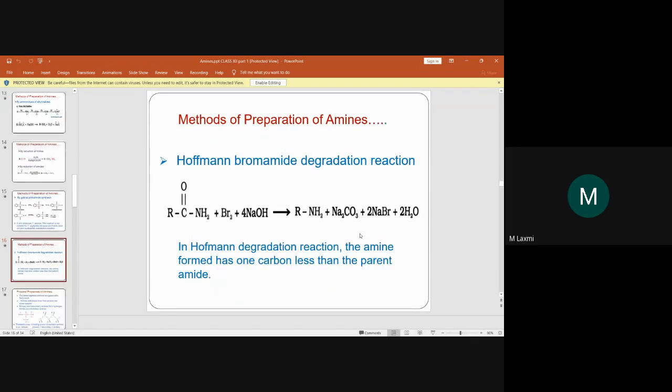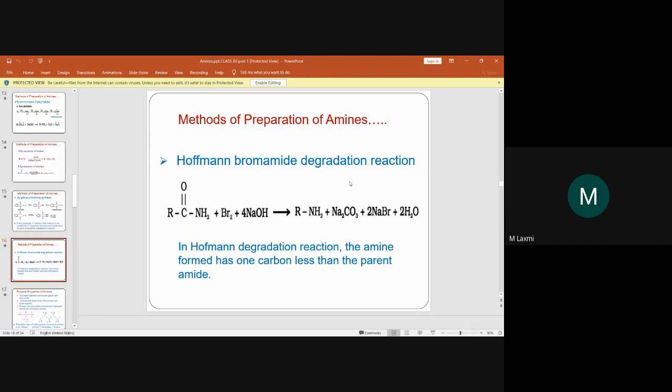The last named reaction is Hofmann bromamide degradation for amines. The name indicates amide, bromamide. So I have taken an amide, RCONH2, plus bromine and NaOH. Why is this called a degradation reaction? Because the amine produced will be one carbon less than that of the corresponding amide.